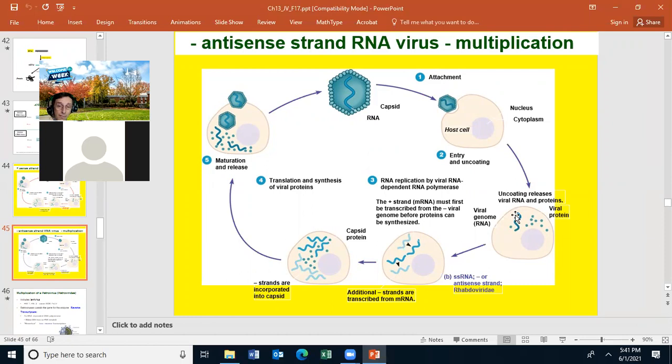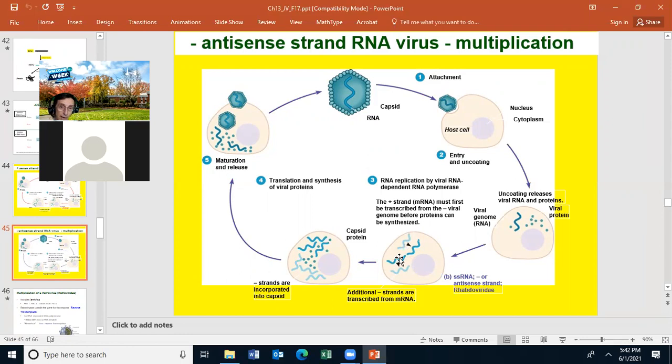But the negative strand, single-strand RNA genome can be copied into positive strand RNA of the virus. And then that positive strand can be used to make more of the viral genome, meaning the positive strand can be used to replicate more of the negative strand of the virus.